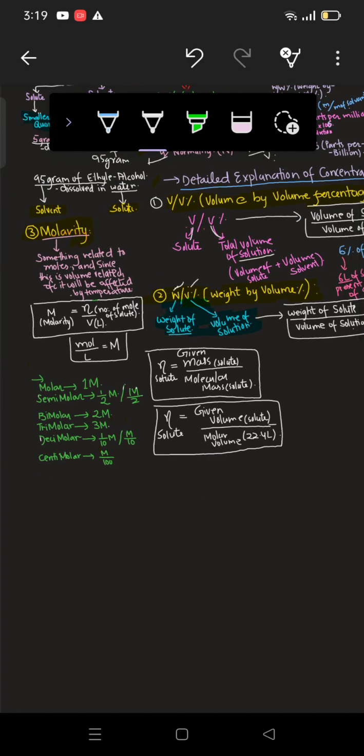So when they give you a question, they will not directly give you the number of moles. They will give you either the mass of the solute, then you can divide that mass by its molar mass and find the number of moles, or they can provide you with the volume of solute, then you can divide that volume by the molar volume, which is 22.4, and then you have the number of moles.